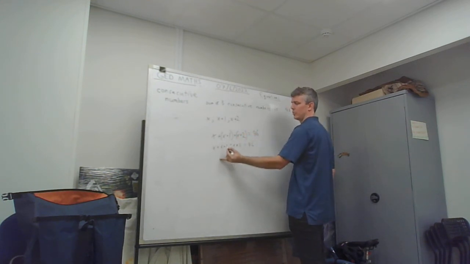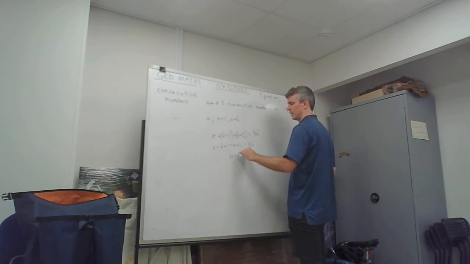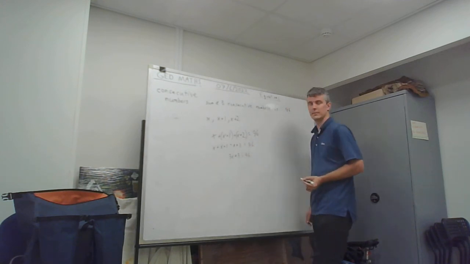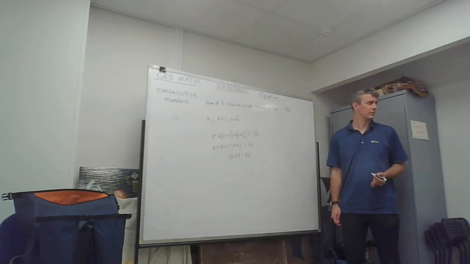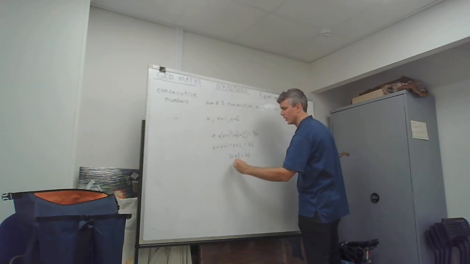So that's 3 x's. So 3x plus 3 equals 96. There's our equation. So we can solve this. So we subtract 3 from each side.